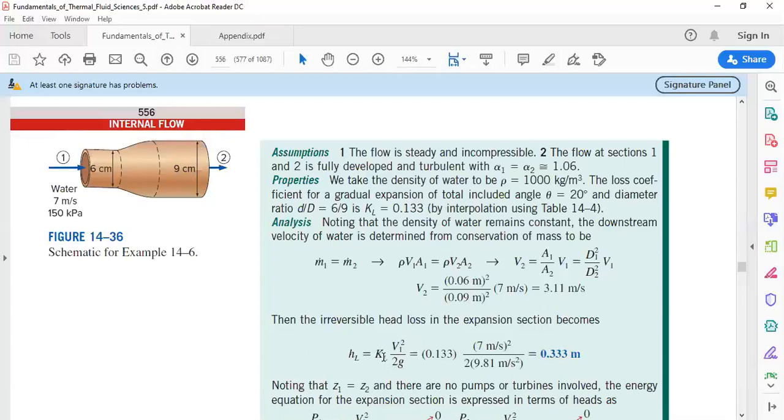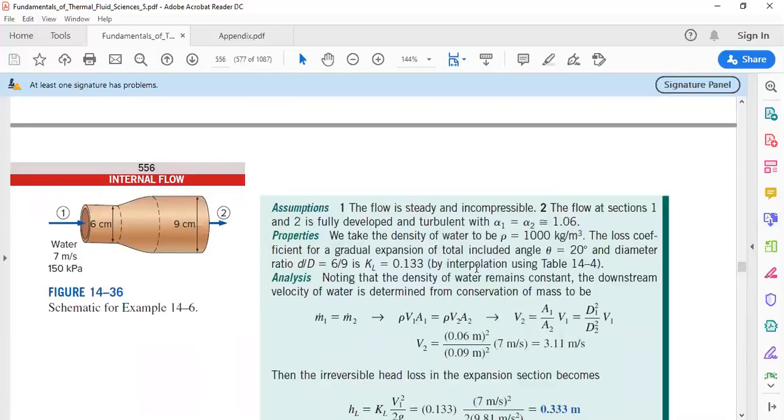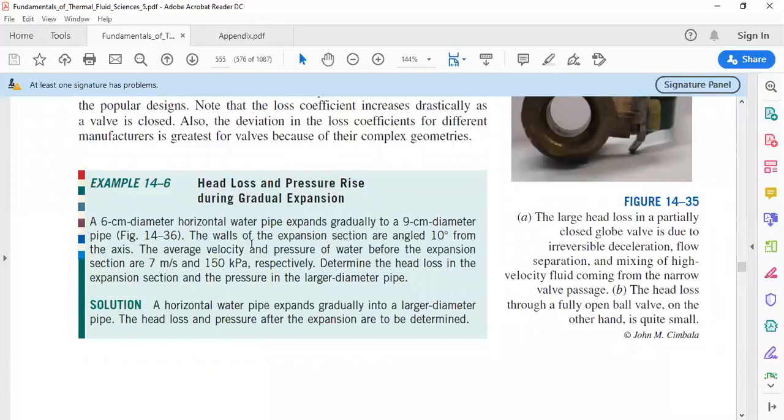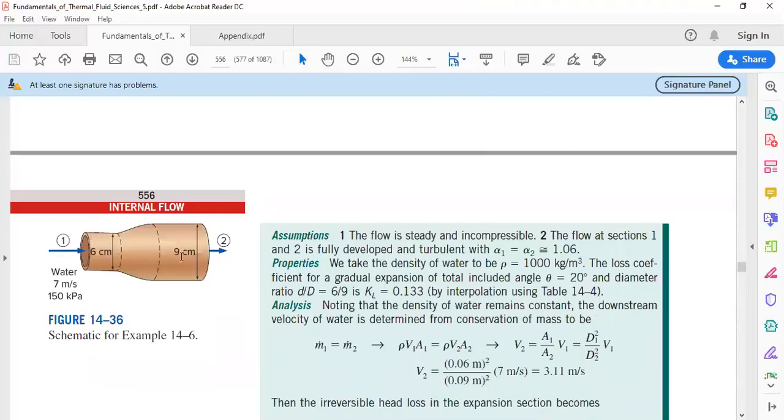How do we get the loss coefficient? Here we have 6 centimeters and 9 centimeters. It's mentioned that the walls of the expansion section are angled 10 degrees from the axis, so the full included angle is theta equals 20 degrees.